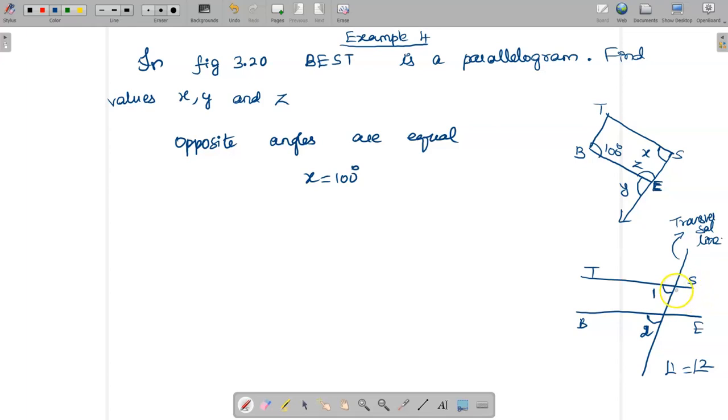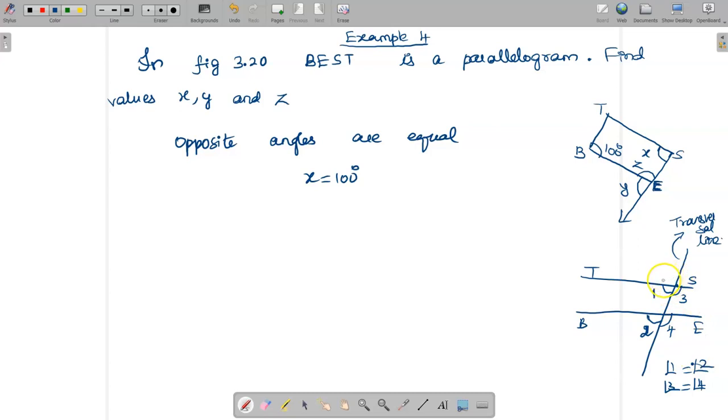Similarly, this angle and this angle will be equal: if it is 3 and 4, then angle 3 is equal to angle 4. With the rule of corresponding angles, 1 and 2 are corresponding angles, both will be equal. Similarly the corresponding angles 3 and 4 will be equal.